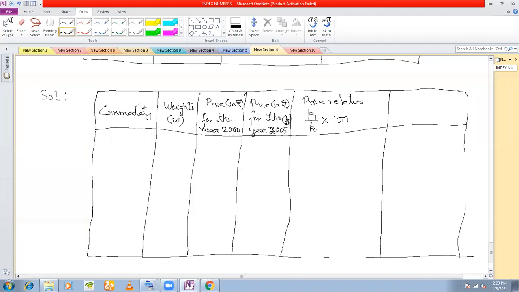And for year 2000, because the past year, any past year you can treat as your base. So this will be your P0. And the price relatives will be P1 by P0 into 100. And the next column will be for the weights into P1 by P0 into 100. Okay, so the product of this column and this column.